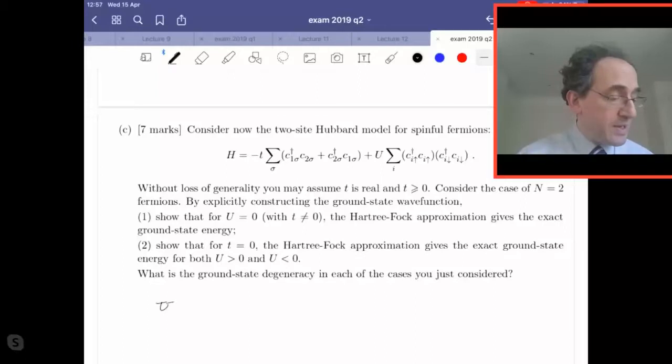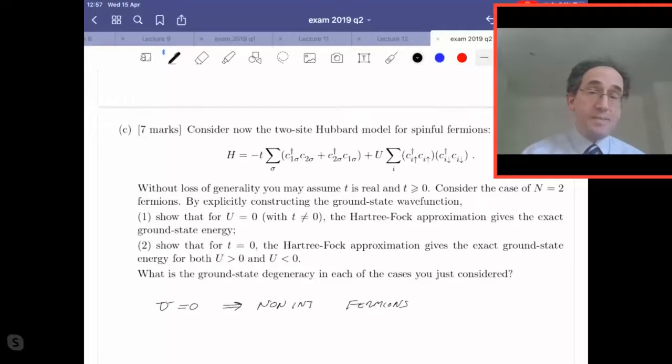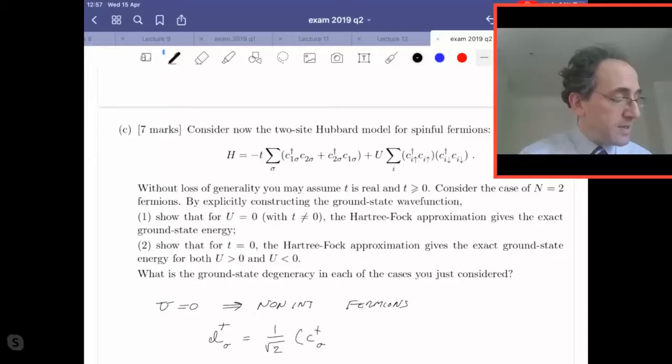Let me write that out. U equals 0, non-interacting fermions, and so the ground state is just a Slater determinant of the lowest 2 orbitals. So I guess we can write the lowest 2 orbitals: d dagger sigma is 1 over square root of 2 times c dagger sigma 1 plus c dagger sigma 2.